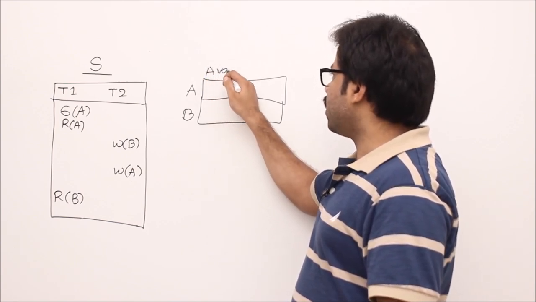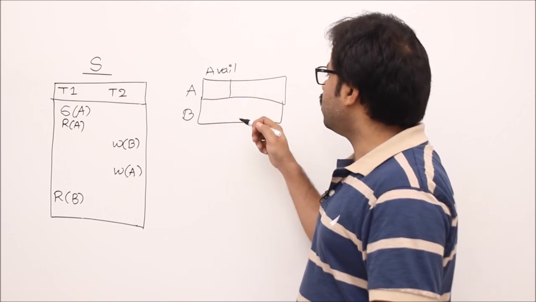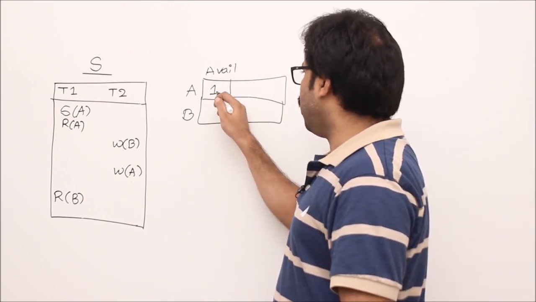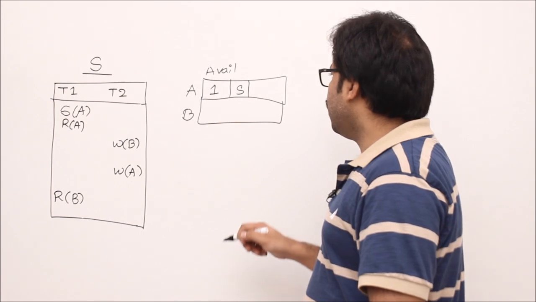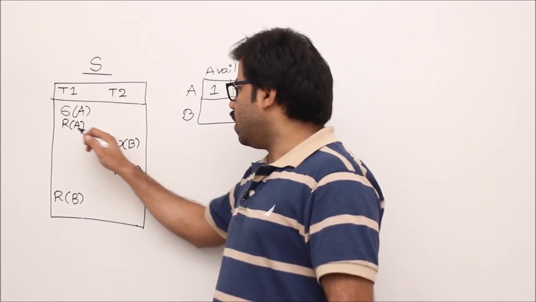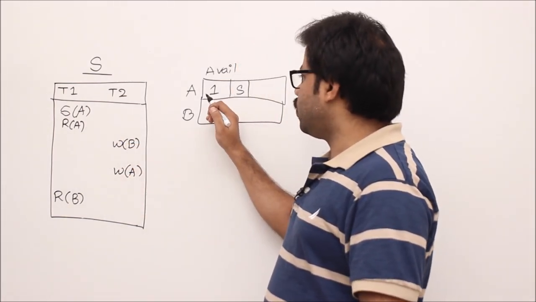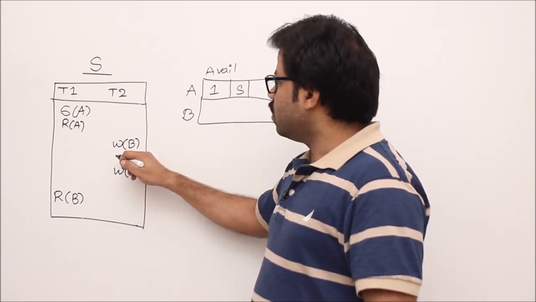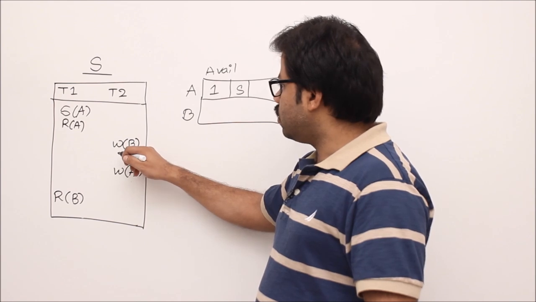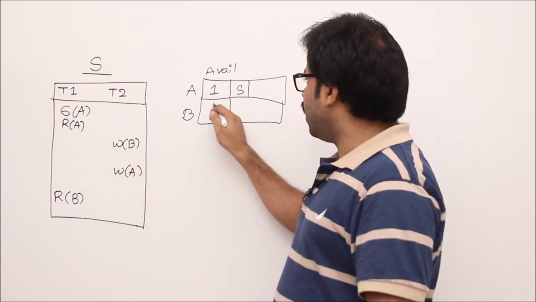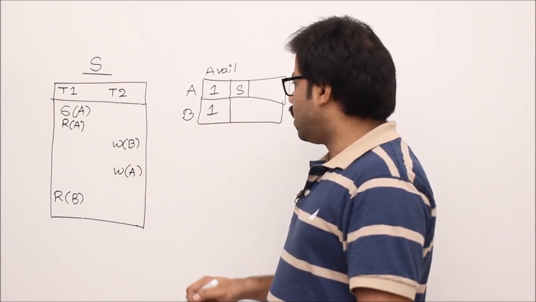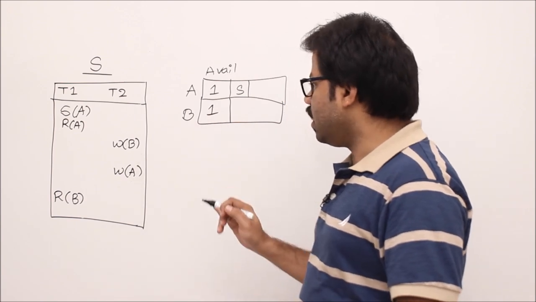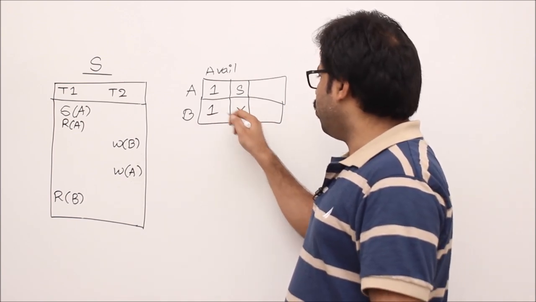Remember that avail matrix? So availability is 1 now, and the lock mode is shared. After that, whenever there is a write of B, B is free, so it will be marked; now availability is busy, exclusive mode, right?